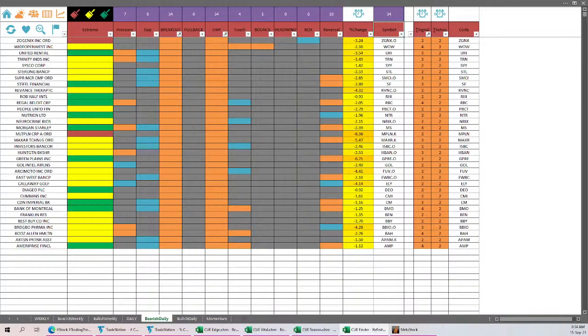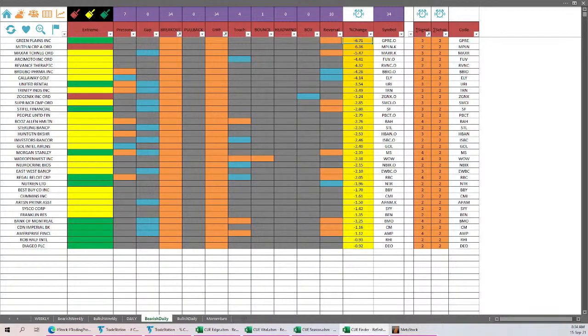Let's look at the stocks with the biggest drop. Let's look at the stocks that went down by at least 1%. 32 stocks.